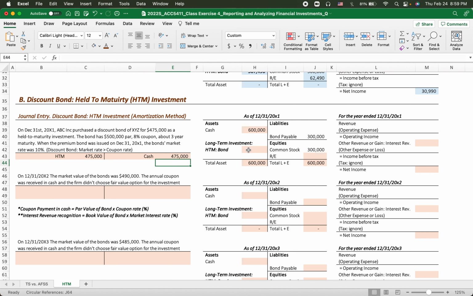This is a totally opposite situation. Then there's no interest because the company just purchased this discount bond, right? So here cash is now reduced. Right, it shows like that.